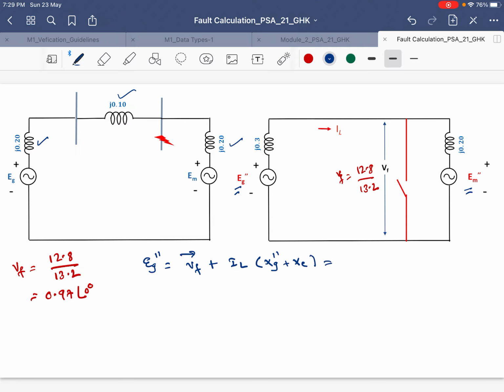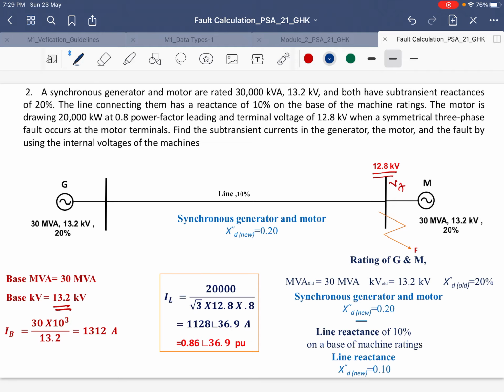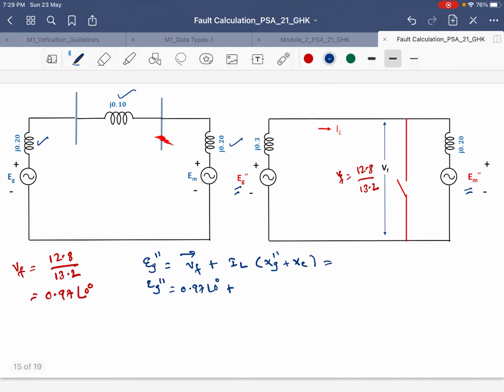Therefore, I am substituting these values: Eg'' is equal to 0.97 at an angle of 0 degrees plus IL, which you already calculated, 0.86 at an angle of 36.9 per unit, into Xg'' plus Xe, that is j0.2 plus j0.1, which totals j0.3.